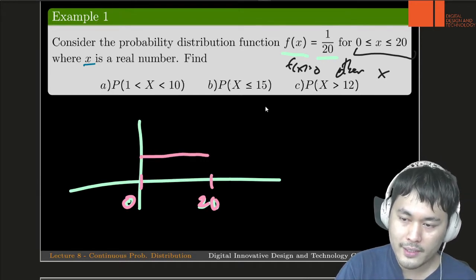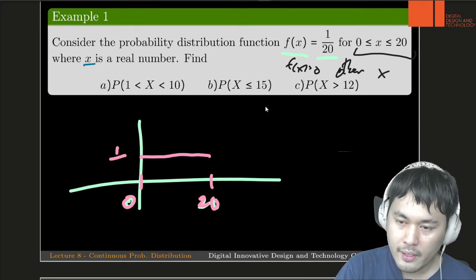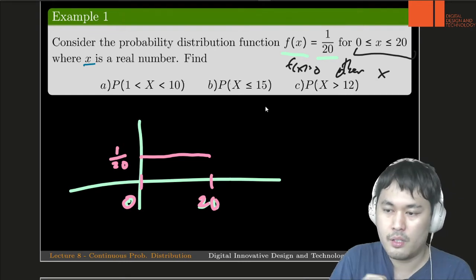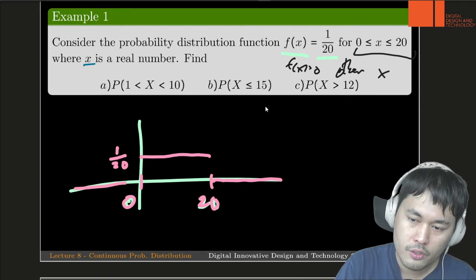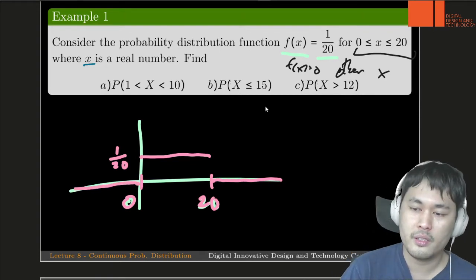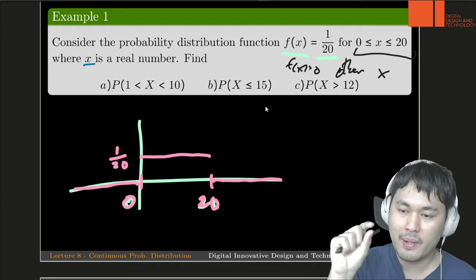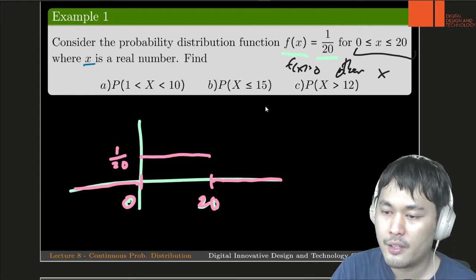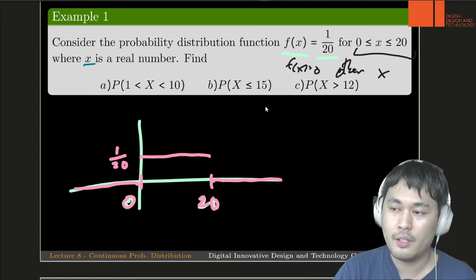So we get that flat line, that constant line, where you can mark that as 1/20. So that's the function. And also we have to specify that it's 0 everywhere else, just to make sure we don't miss anything. You notice that I also mark the 0 part on the left hand side for the negative values as well, so that it agrees with the definition.